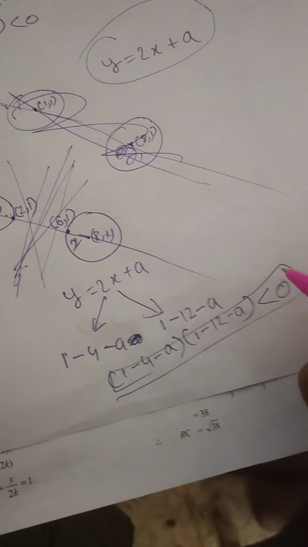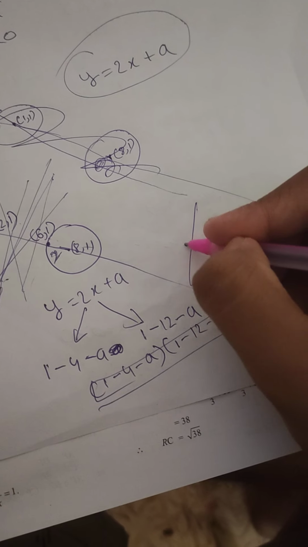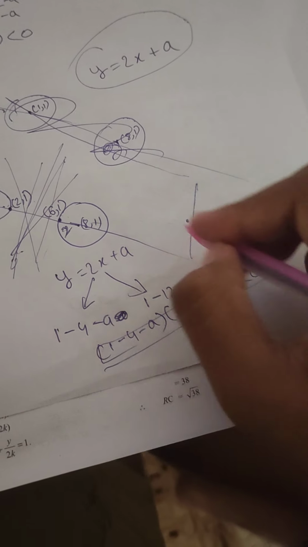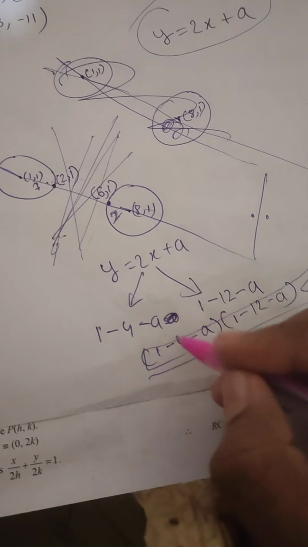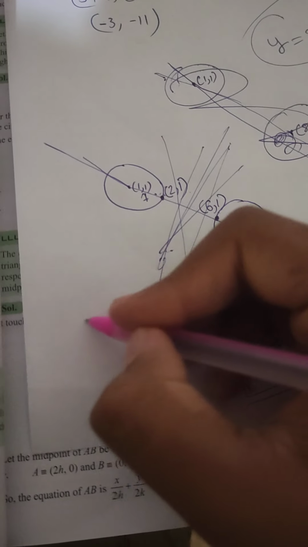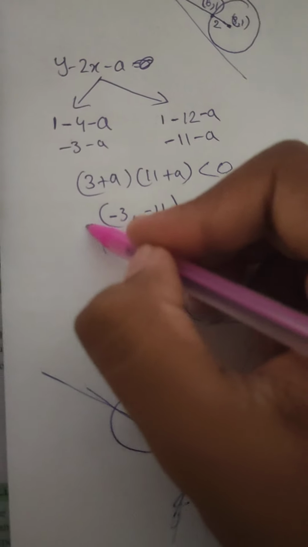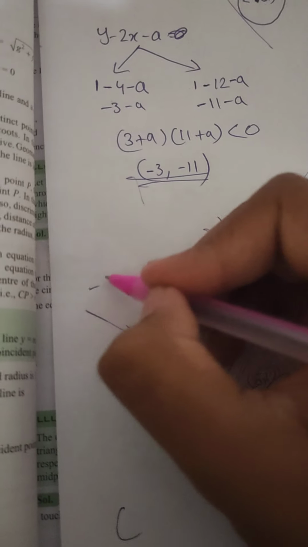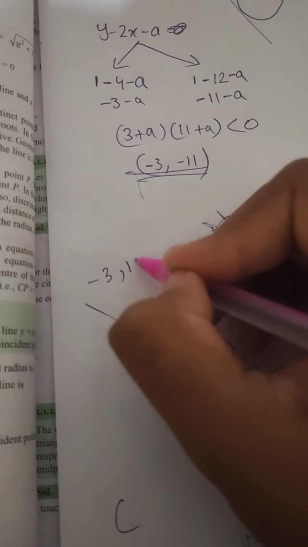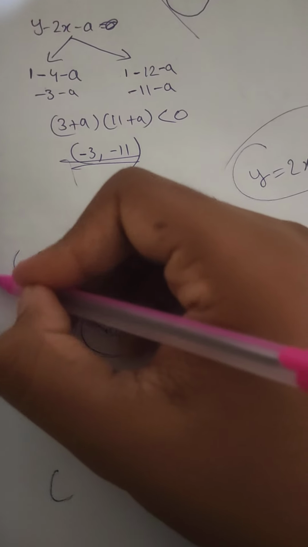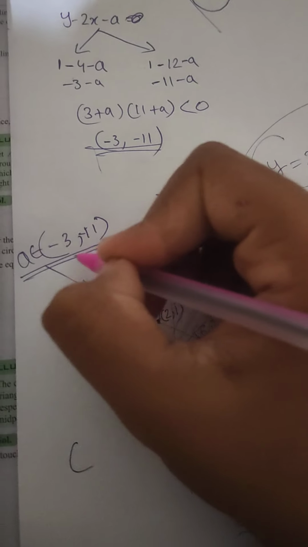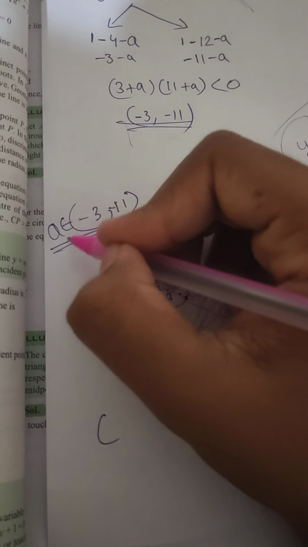We know this concept: if 2 points are on opposite sides, their product gives a negative sign, right? So it should be less than 0, and I solved and I got the answer as minus 3, minus 11. What is it? It is a belongs to. We have to find the parameter a's range, right?